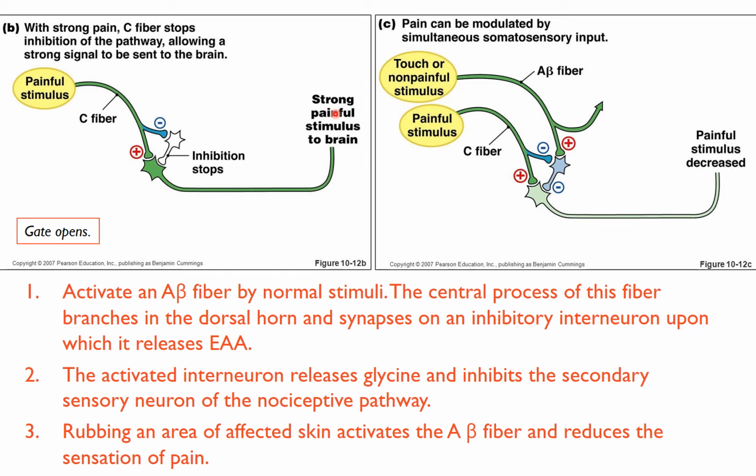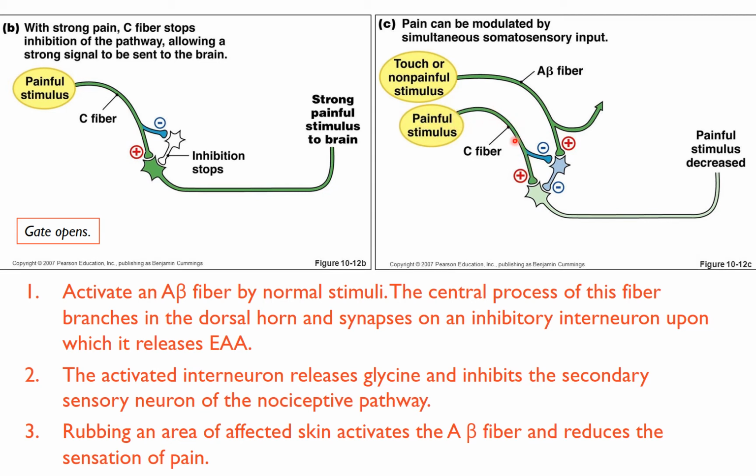Okay? Now, where the gate control theory really comes into play is over here in this right-hand side figure. Now we have, if you look at this kind of lower section, your painful stimulus. It's the exact same pain. You smashed your thumb with a hammer and it hurts really bad and you have C fiber activity.